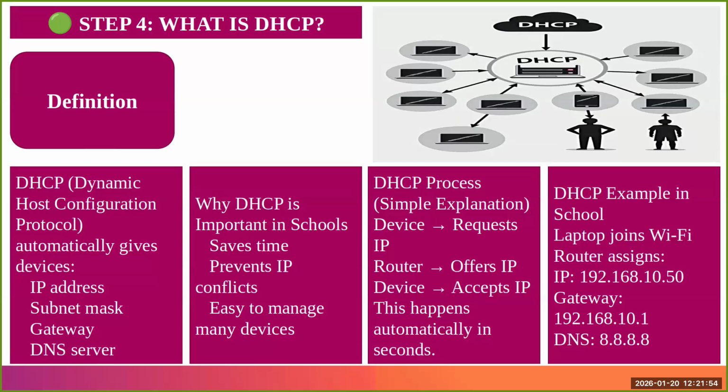The set of instruction that comes with the router operating system handles that automatically. So it automatically gives IP addresses, subnet mask, gateway, DNS server to the devices without anybody's intervention. All that is needed to connect the device to a network and for it to begin to share resources immediately is provided via the DHCP.